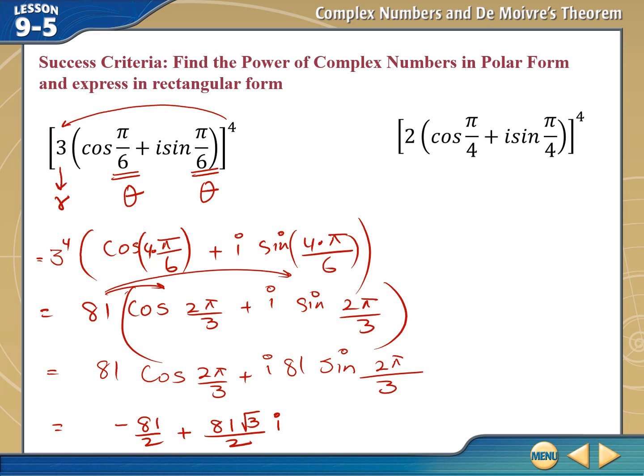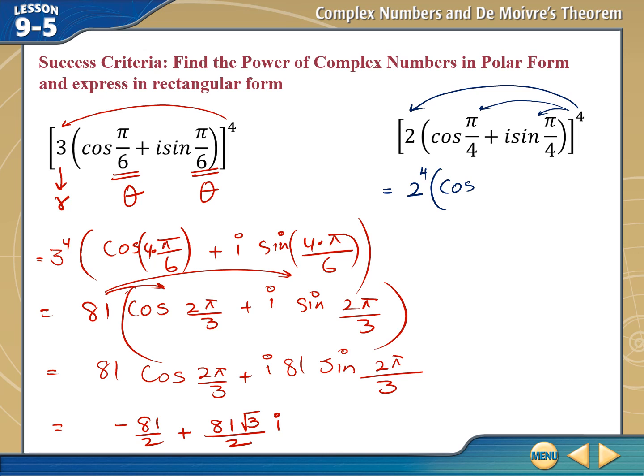Let's see the last question. So here I will use another ink so that you will understand. So the first part is you raise the power on the R. That means it will give you 2 to the power 4. Multiply this power with the angle inside.